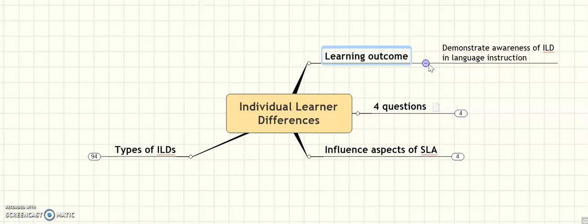So I hope we will be able to demonstrate our awareness of individual learner differences when we design materials and when we implement our designed materials in our actual teaching processes in the teaching of English or other languages.